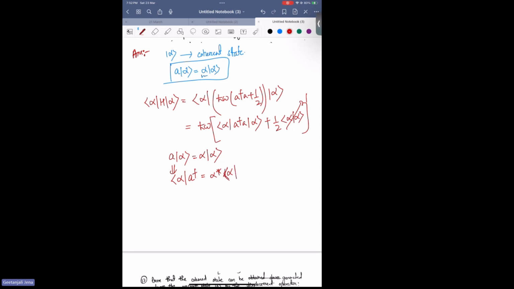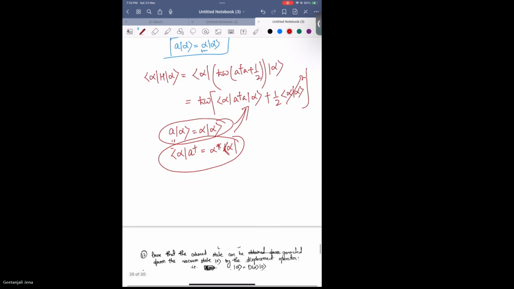So you just have to put this expression in here. This gives <alpha|H|alpha> equal to h-cut omega times (alpha square plus half).